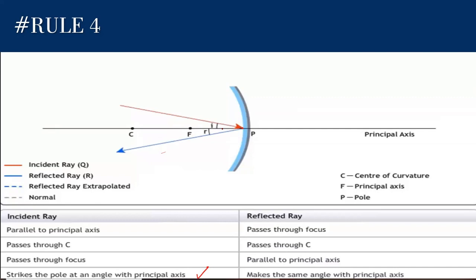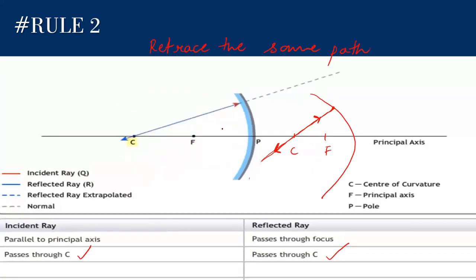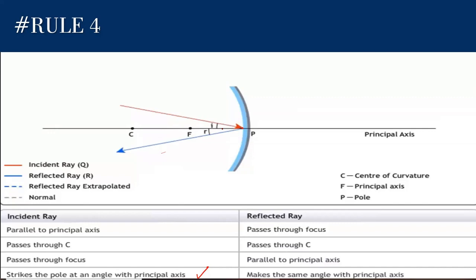Rule 1: parallel to the principal axis, passing through the focus. Rule 2: passing through the center of curvature, retracing the same path through the center of curvature. Rule 3: passing through the focus, parallel to the principal axis. Rule 4: if hitting the pole at an angle of incidence, making an angle with the principal axis, the reflected ray will also make the same angle with the principal axis.